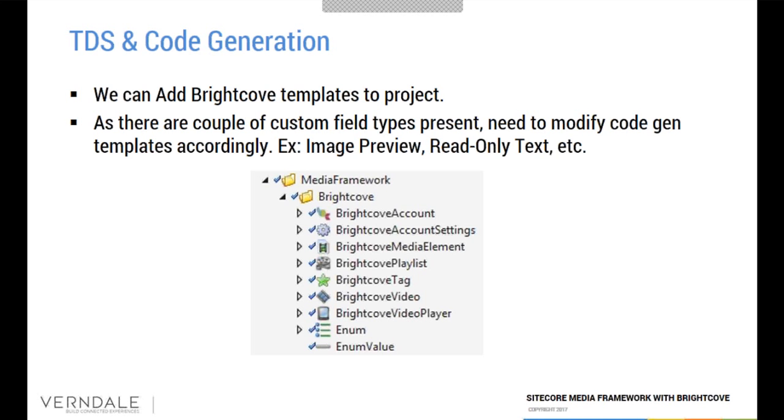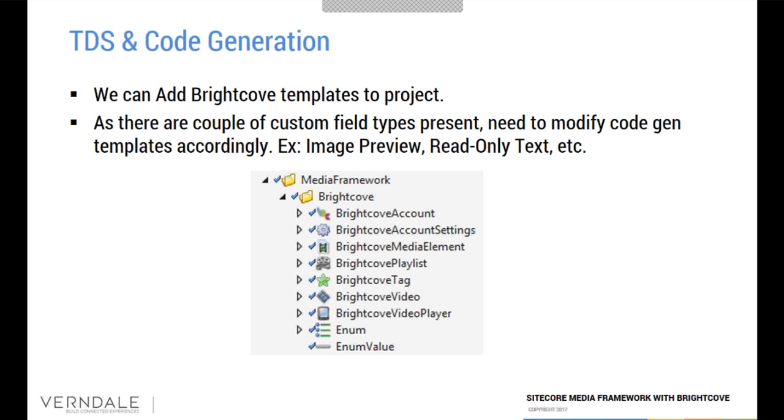Here we can sync up all the Brightcove templates, so that once a content author selects a particular video item on the component, I can get the data source and manipulate that data directly, because code generation will automatically provide me the model for the template. There are a few points to note here.